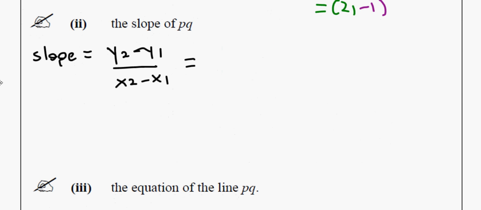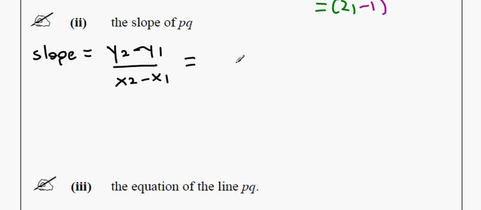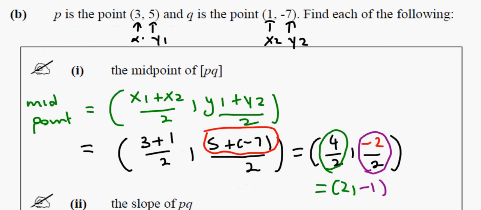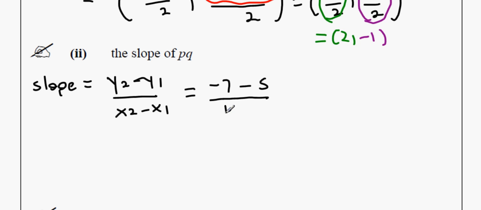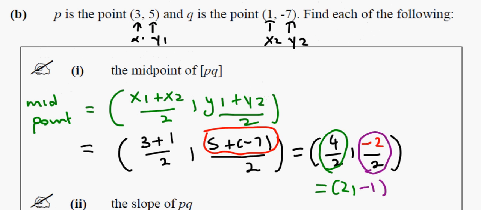So that's y2, which is minus 7, minus y1, which is 5, over x2, checking again, x2 is 1, minus x1, x1 is 3.